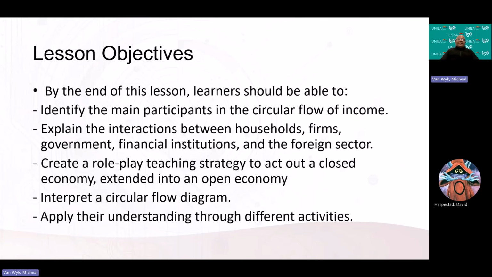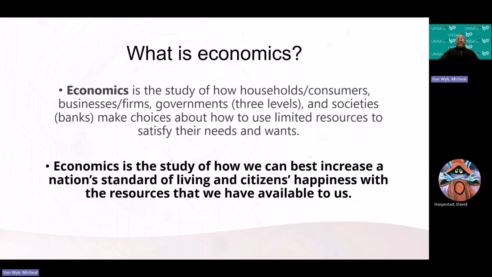Then you will also learn a particular teaching strategy, which I call the role play. A role play teaching strategy is more learner-centered, where learners engage with each other. I think you will enjoy this one. Finally, you will also have different activities. I will give you, I think, 2-3 activities to do. So these are my lesson objectives, what you must understand.